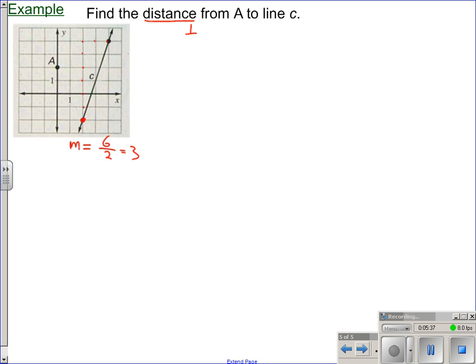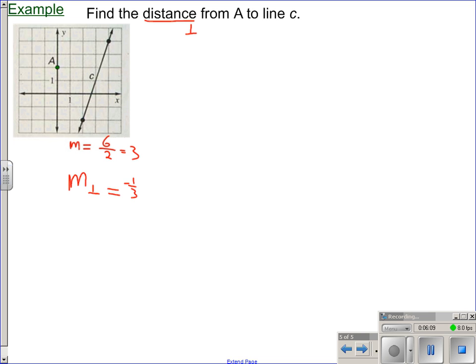The slope of the perpendicular line, that's this notation here, is going to be the opposite reciprocal of 3, which is negative 1/3. So we go from point A, use that slope of negative 1/3, and go to line C. That makes us go perpendicular from A to line C.